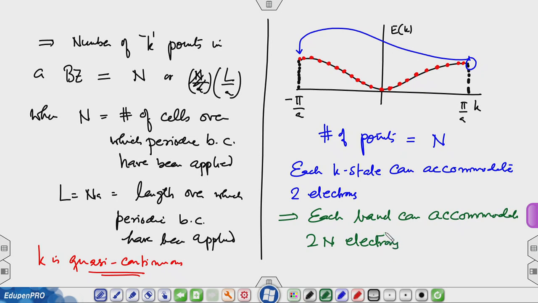So, this is all I want to say about Bloch's theorem and the related wave function of the Schrodinger equation in a periodic potential, or in a crystal.